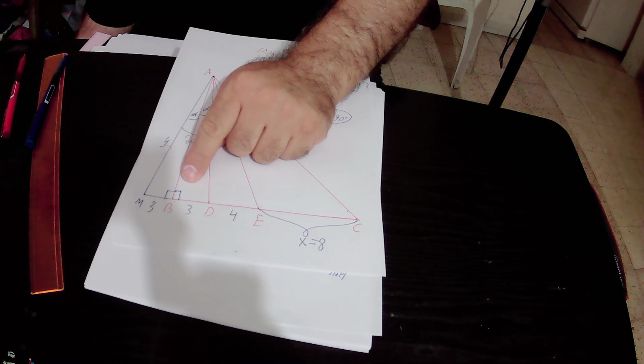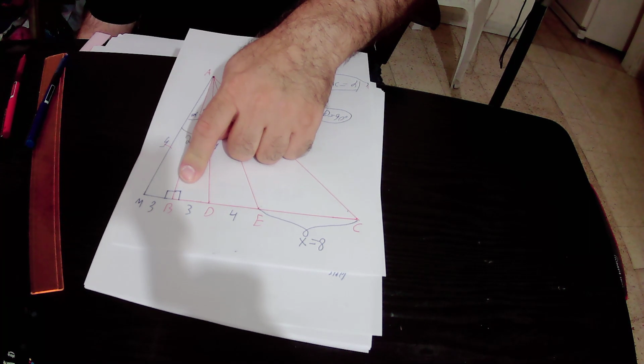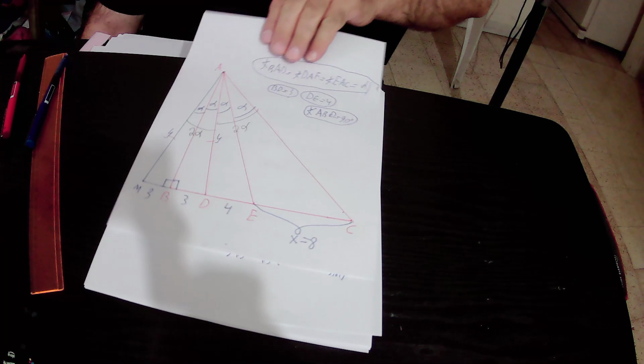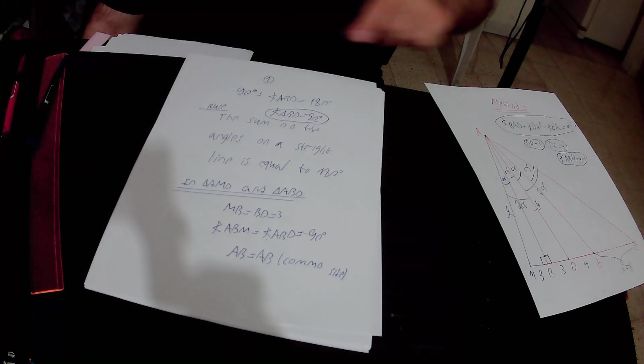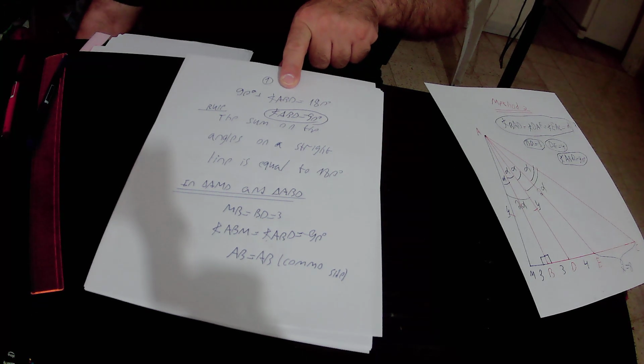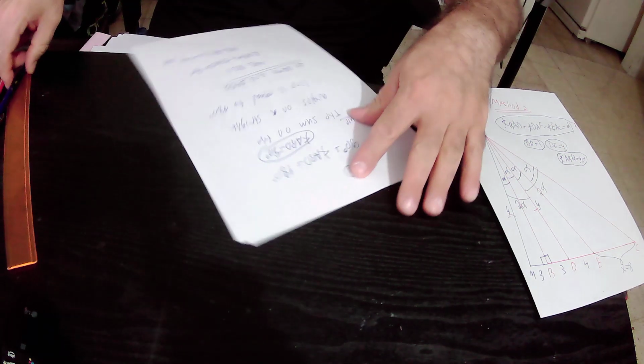And we know that angle ABD equals 90 degrees. So 90 degrees plus the size of angle ABM must be equal to 180 degrees.